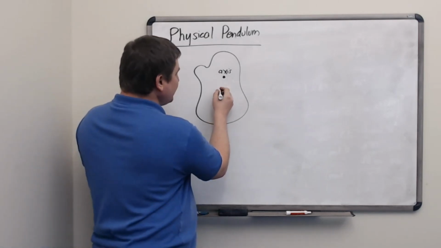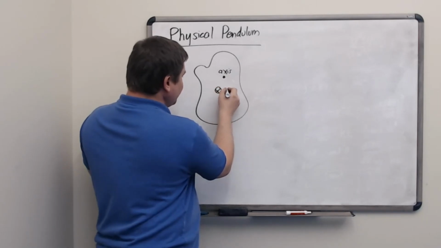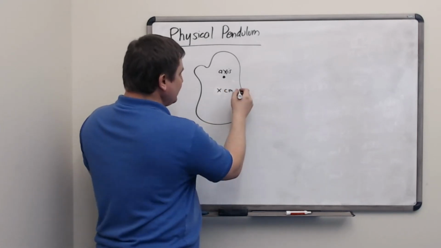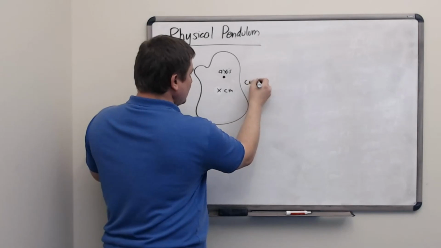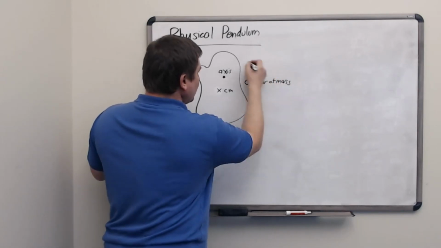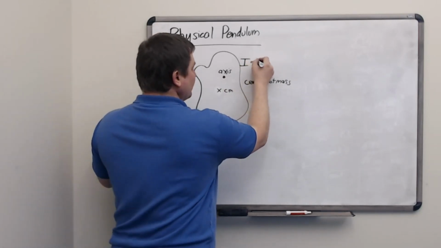What's going to be important here is two things. One, the position of the center of mass, which I'll mark with an X, and the moment of inertia of this arbitrary shaped object.